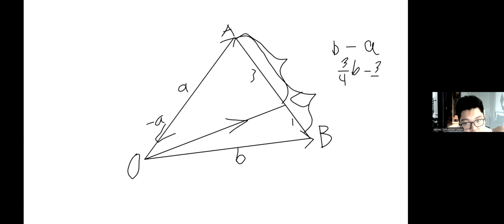And then you would want to add that to your original OA. And that gives you 1/4 of A plus 3/4 of B.